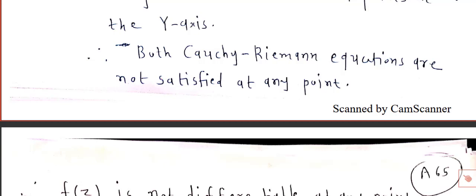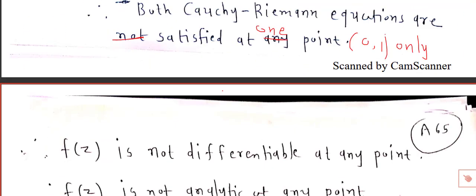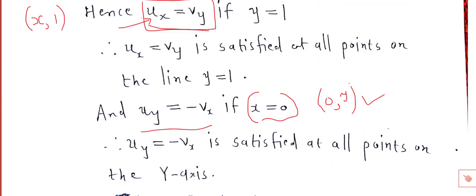Both Cauchy-Riemann equations are satisfied at (0, 1) only, and partial derivatives are continuous at (0, 1). Therefore, the function is differentiable at point (0, 1) only. This is the only point at which the function is differentiable.